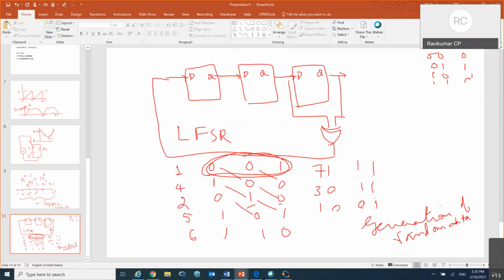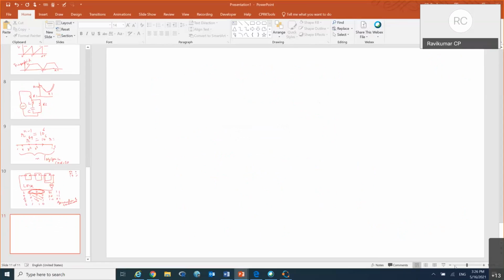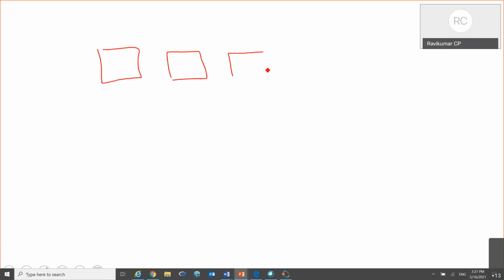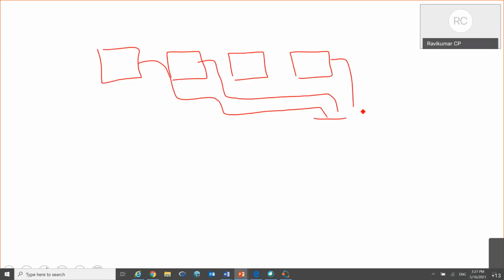I could have taken, let us say, four flip-flops. What prevents me from taking this input and then this one and maybe this one, and then take the XOR of these three and feed it in?